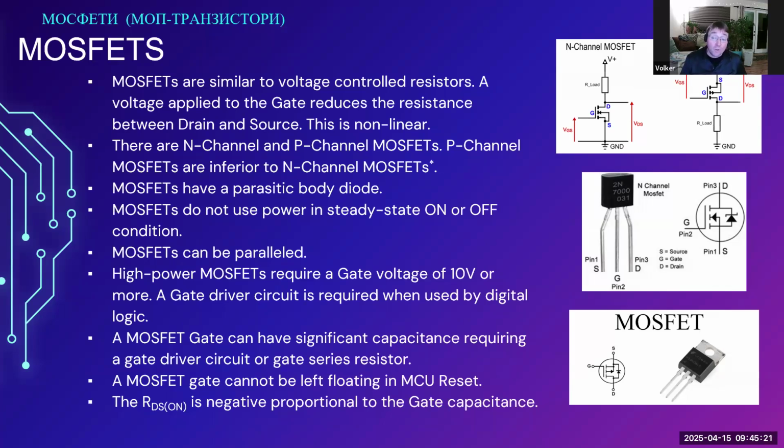So you have to always be aware that a MOSFET needs a pull-down resistor. Sometimes, or most of the time, it also needs a gate resistor if you want to limit the gate current from the microcontroller, but you also want to put in a pull-down resistor so that in high impedance mode, the MOSFET is not accidentally turning on.